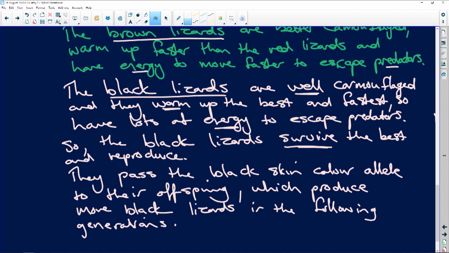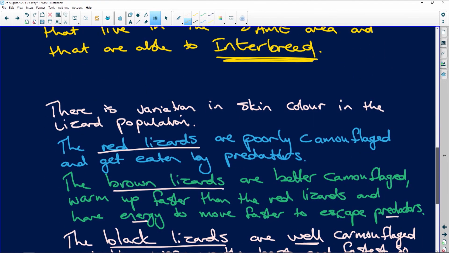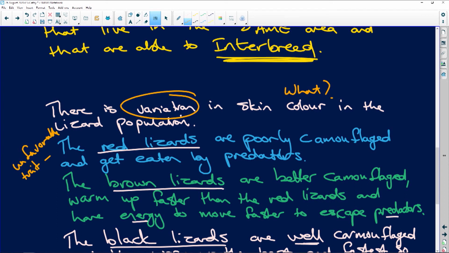I'm going to take orange. So this is what you have to say. There is variation, and then you must explain what the variation is. Okay? Then you go with the unfavorable characteristic or trait and the result. So what does it do? Well, it's simple. The red lizards, they're poorly camouflaged and they get eaten.